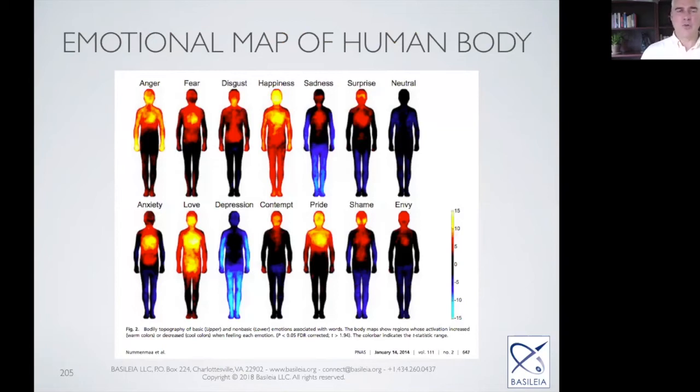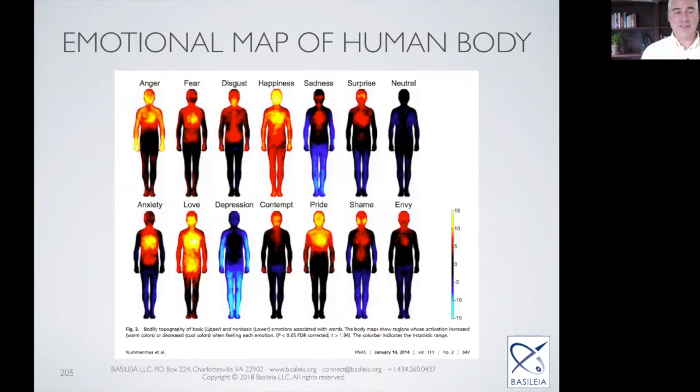So in a neutral state, we're basically neither hot nor cold, but for instance, in surprise, in our chest and in our head and face, we feel warmth, and a little bit of coolness in our legs, it looks like.